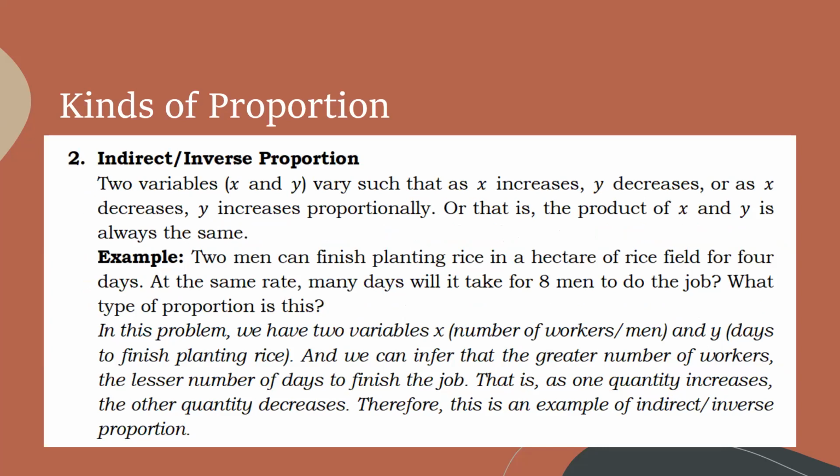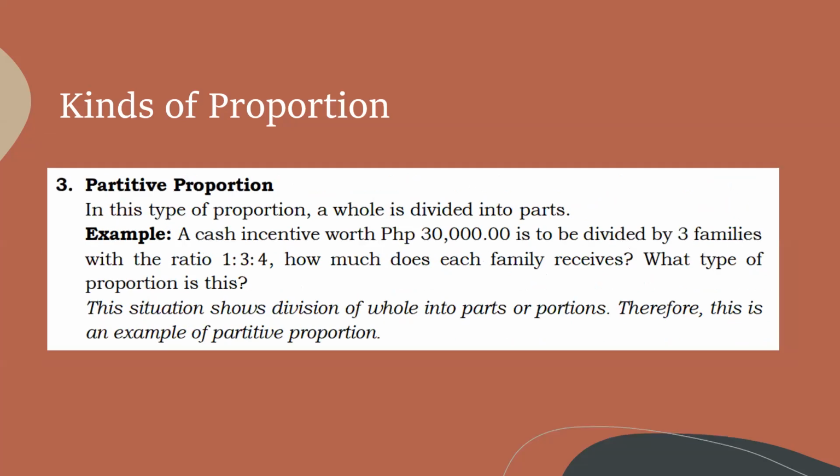Pag inverse or indirect proportion, kapag tumaas ang isa, bababa ang isa. While the partitative, yung buo ay hahatiin natin sa iba-ibang parte in respect to the given proportion. The situation shows the division of whole number into parts of portion.